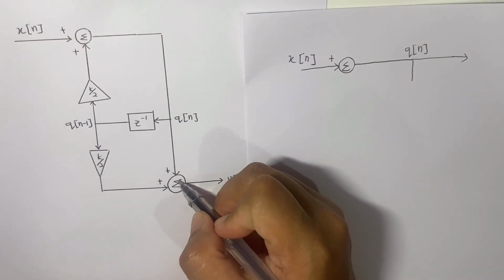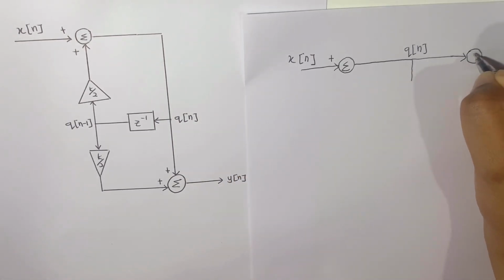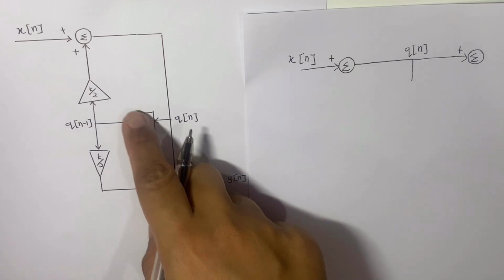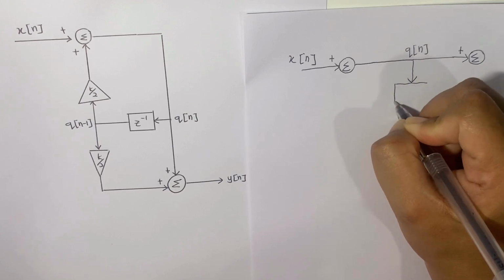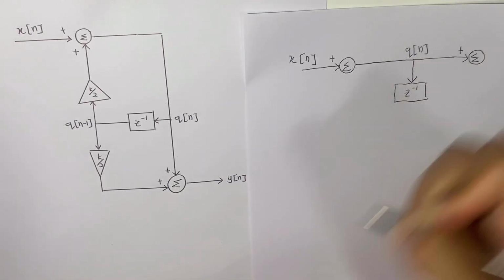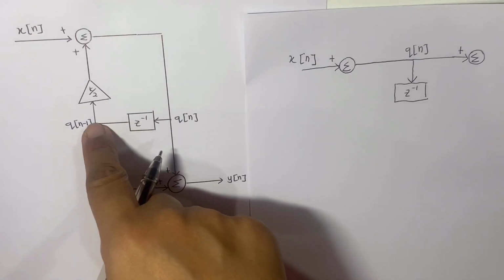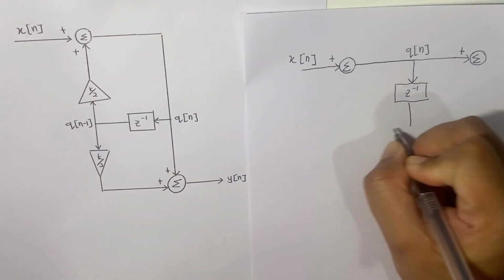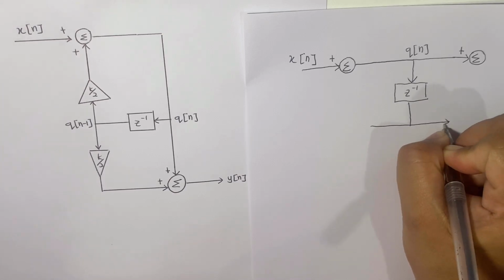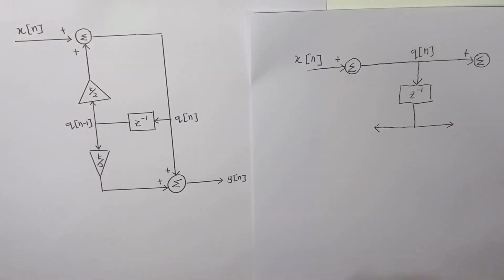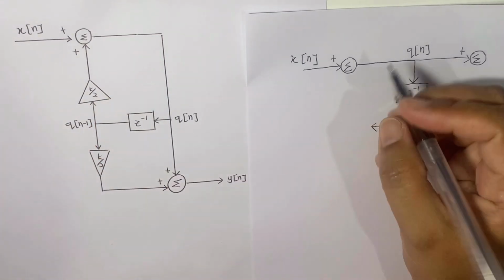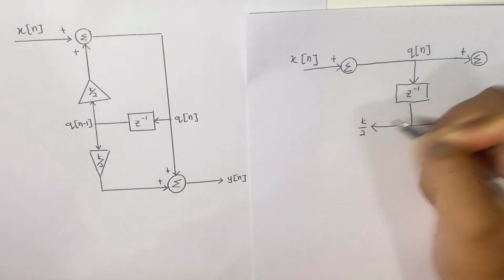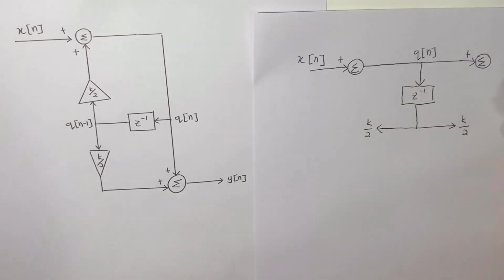Okay, and then you will find another summation here, plus. Now you have z to the power of -1. So here is z to the power of -1, and another arrow to the right and to the left. And you will find k over 2, to the right and to the left.